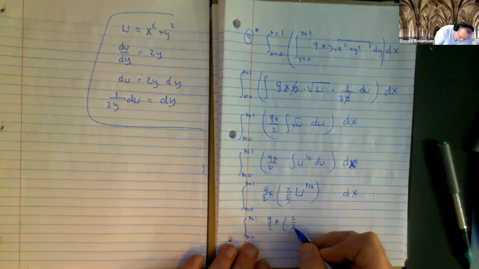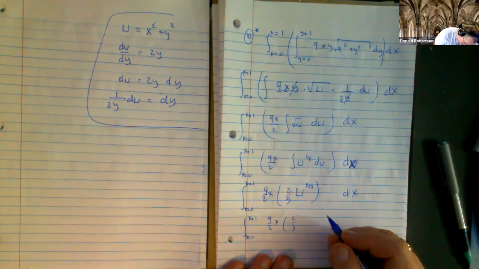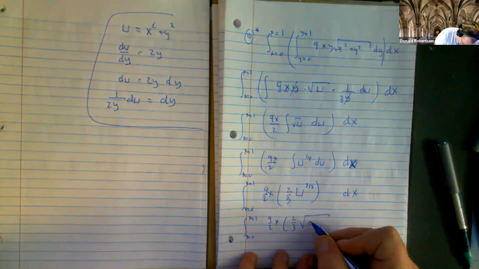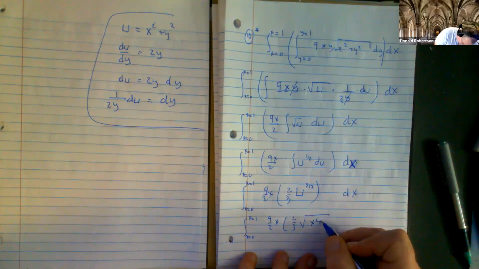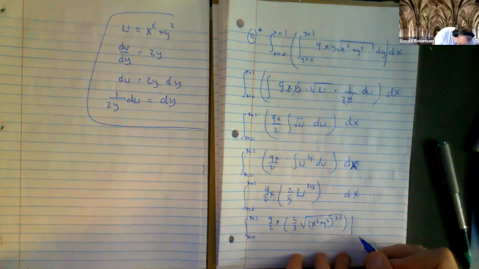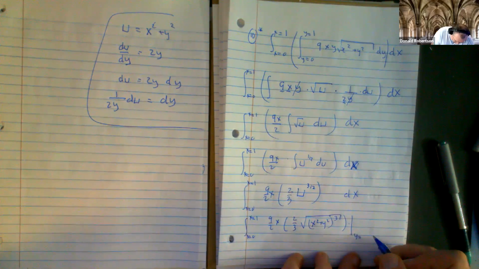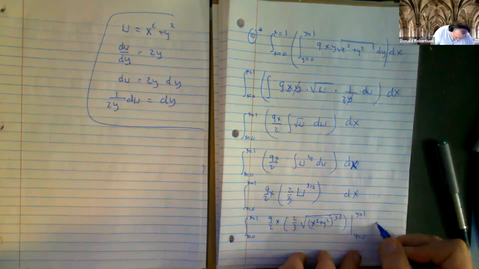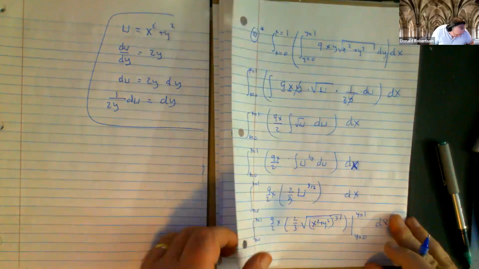And u to the 3 over 2 is the square root of x squared plus y squared cubed, evaluated at y equals 0 to y equals 1. And we've got that guy.